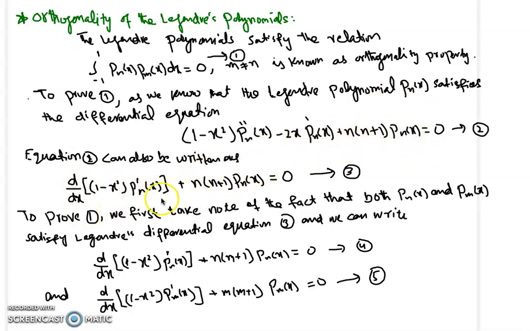To prove 1, we must note the fact that both Pn and Pm satisfy the Legendre differential equation 3, and we can express these in this form. When Pn is satisfying this equation, that is the same as equation 3. When Pm satisfies this equation, we replace Pn by Pm, so we get equations 4 and 5.